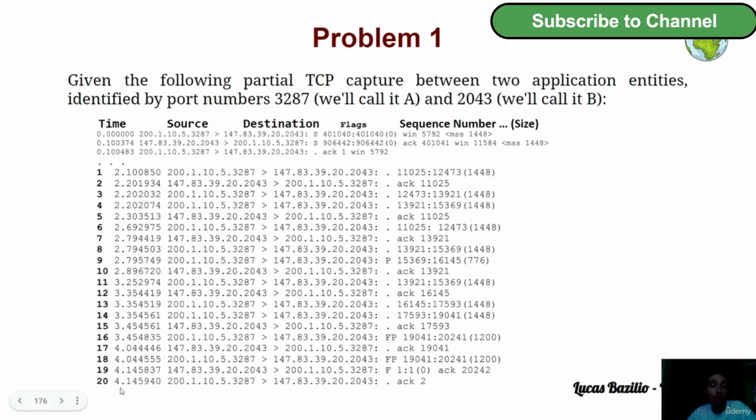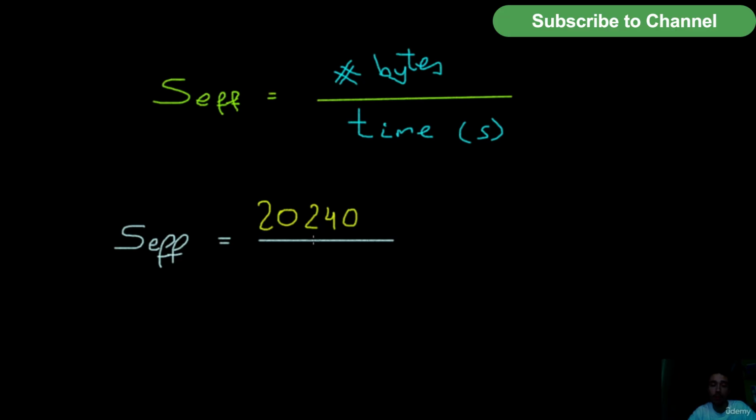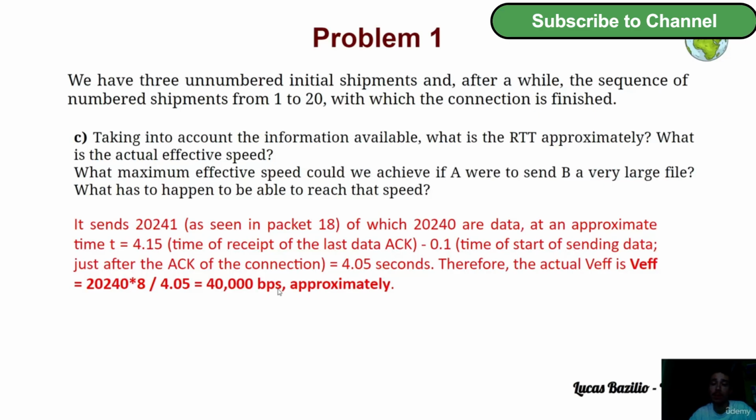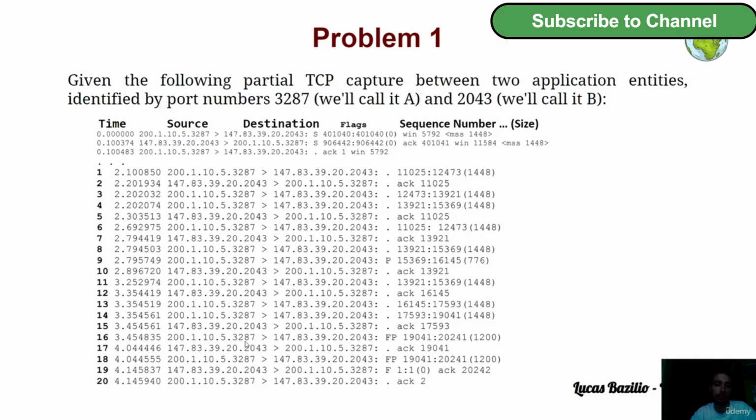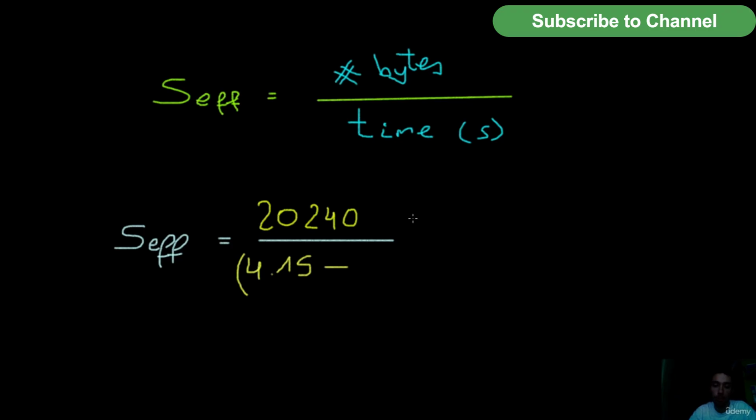So here the time is 4.15 seconds. However, we need to subtract from this time the time of start of sending the data, just after the acknowledgement of the TCP connection establishment. And this is precisely at this time in here, which is around 0.1 seconds. We need to subtract 0.1.